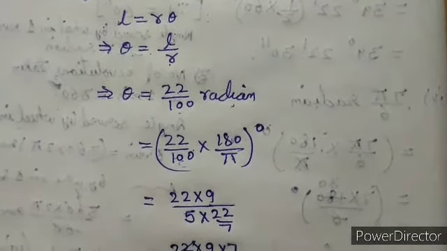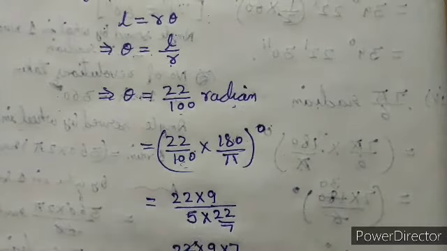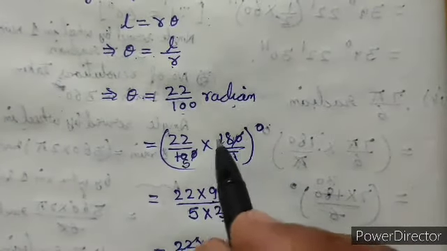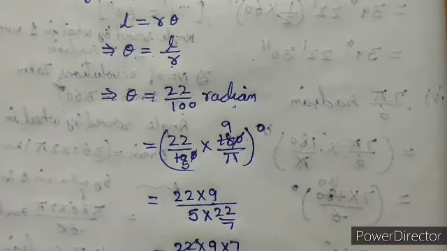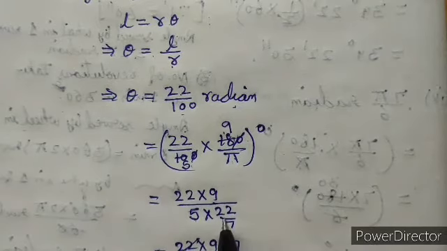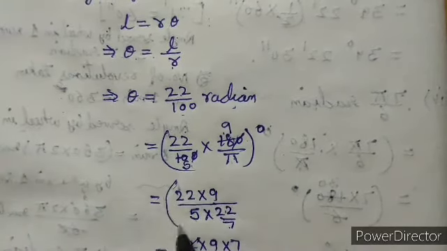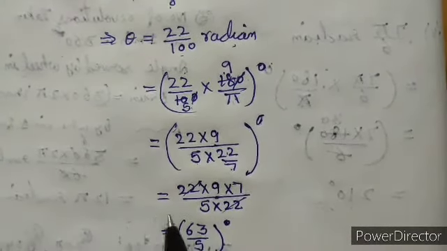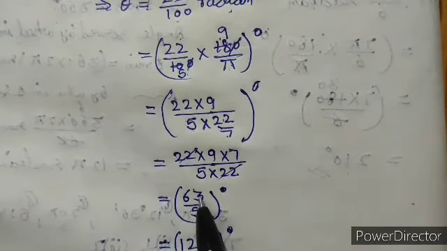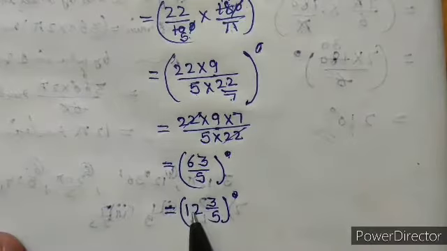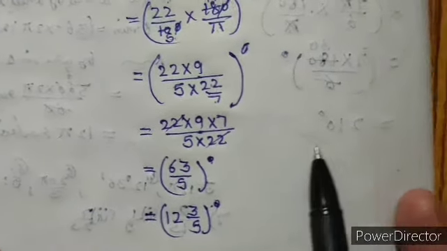Now this on solving will give us 22 into 9 upon 5 into pi, and pi can be taken as 22 by 7 degree, and this will be equal to 63 by 5 degree, which can be written as 12 3 by 5 degree.